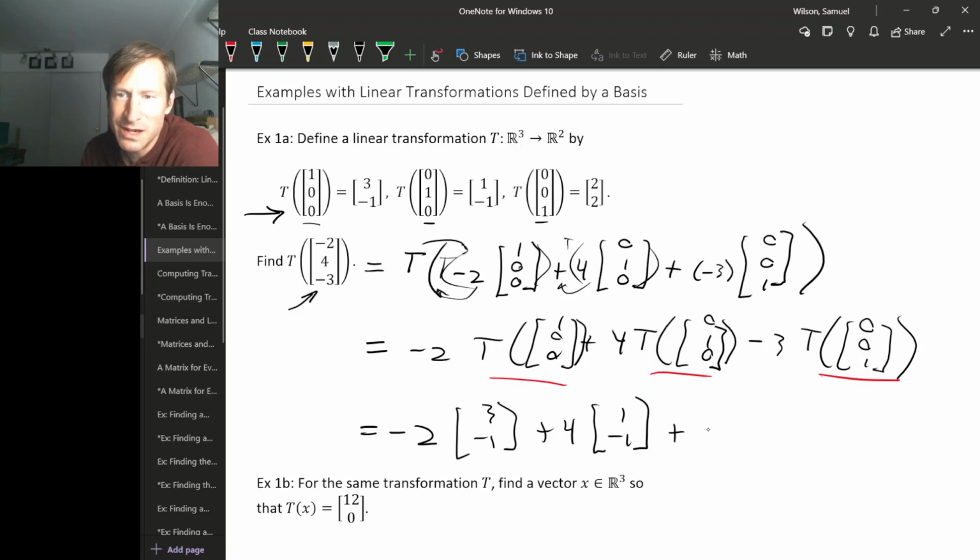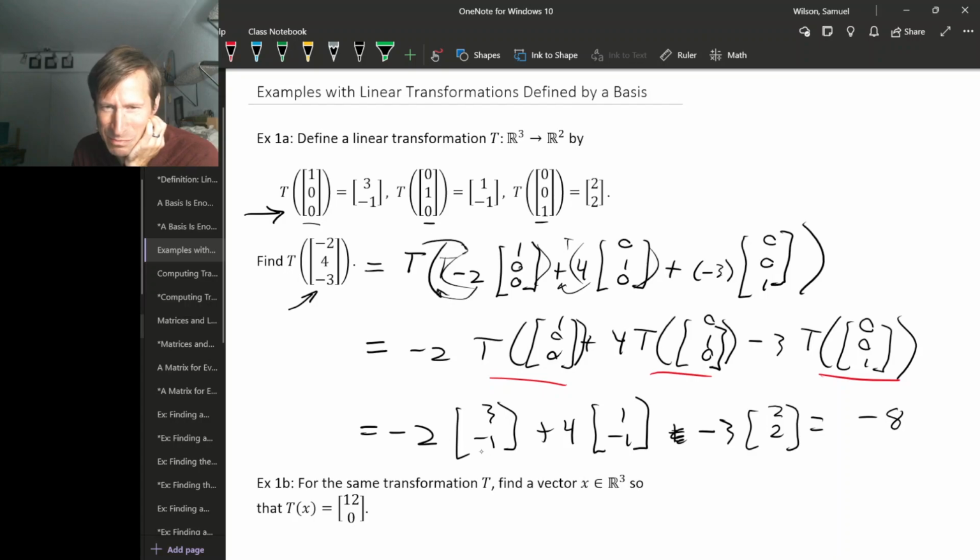And then I need a minus 3 times T of (0, 0, 1), which is (2, 2). And now we just need to do a little vector arithmetic. So let's see, -6 plus 4 is -2, minus another 6 is -8. And then +2 minus 4 is -2, minus 6 is -8 again.